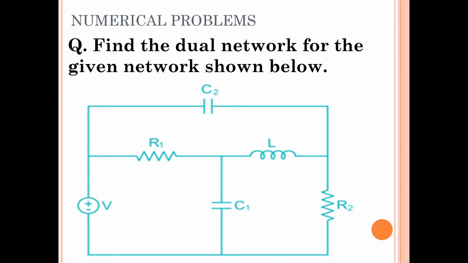Mesh should be converted into node, and node should be converted into mesh. Just draw it as quickly as possible. It is in your hand. We will conclude this session within 5 to 10 minutes.